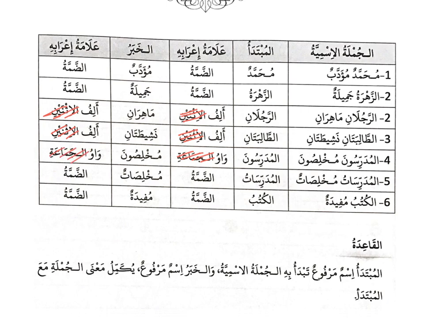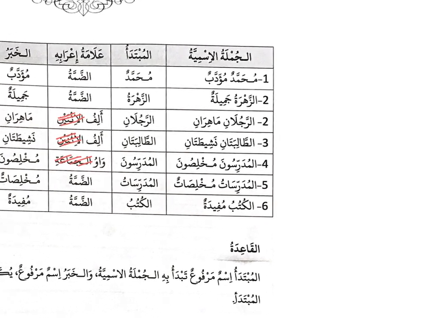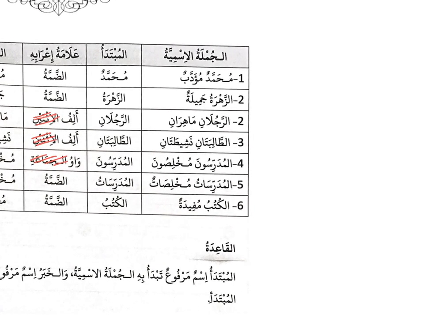You might wonder why in this example ar-rajulani it is marfu' with the alif and not with a dhamma anymore. To understand that, let us look at the word rajulan. This is from the word rajul, one man, and when you want to say two, you have two versions.